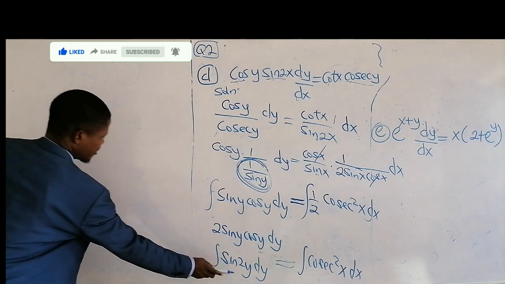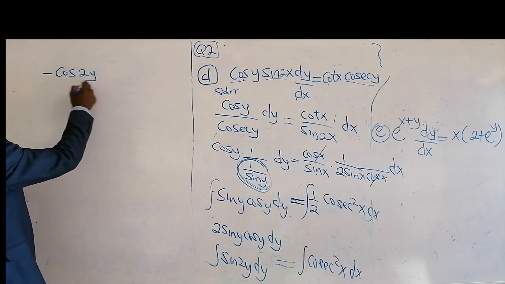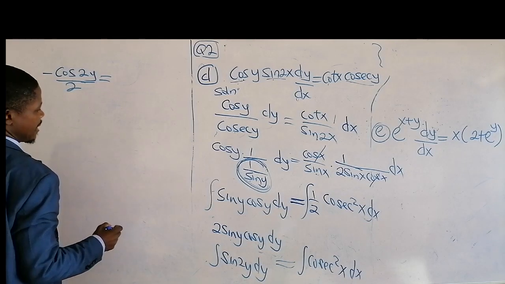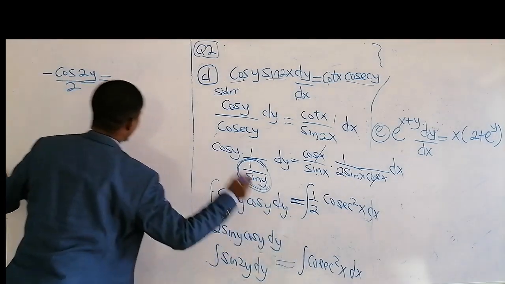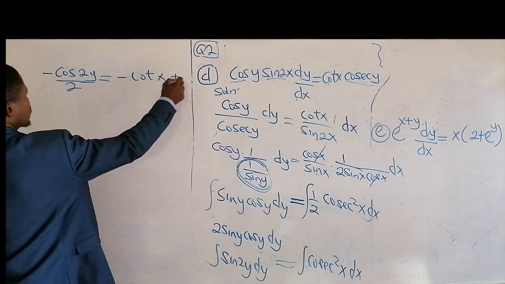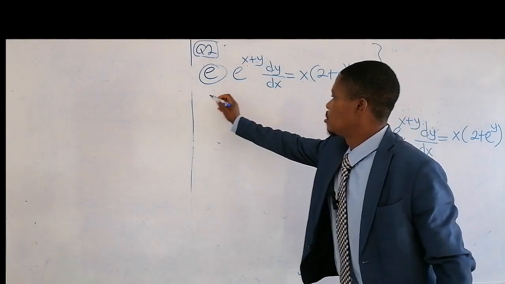So integrate this, which will be minus cos 2y over 2 equal to the integral of cosec square x, that's minus cot x plus c. So that's the answer for this one.